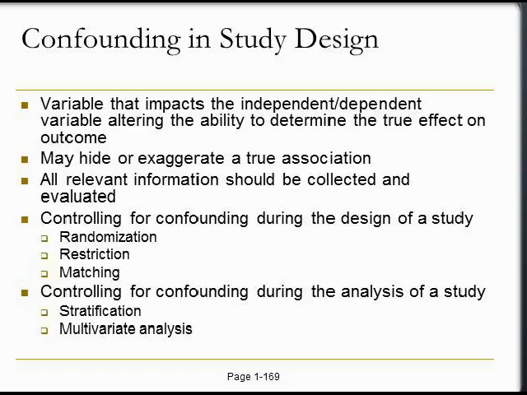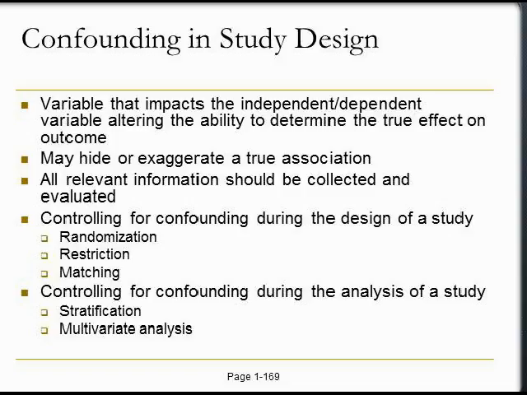The best way to avoid confounding is to collect as much relevant information as possible. And usually these deal with retrospective type designs in which we're kind of restricted by the instrument that we've collected data from. We can control for confounding based on the design of a study, obviously in a randomized controlled trial.